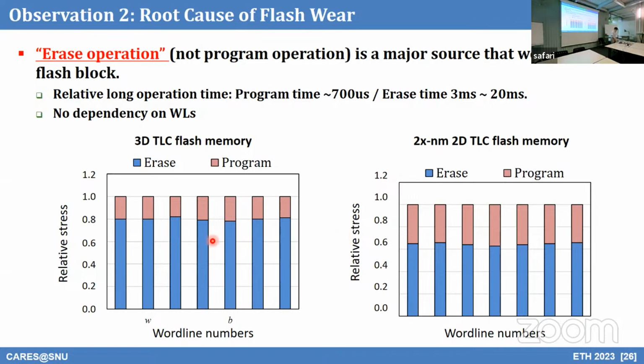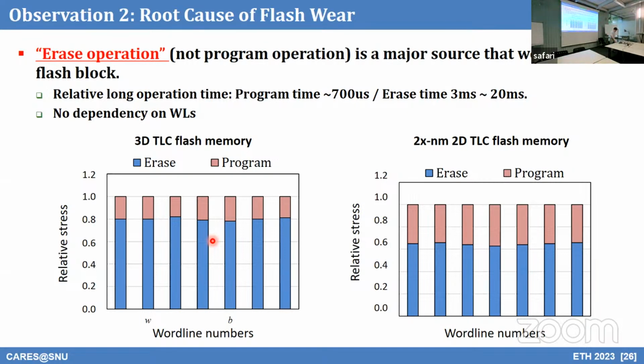So from this data, you can consider we have to do something on the erase side for the word line to live longer. Okay. So when we erase a block, we do some damage to the flash cell, and the key is how to reduce that damage somehow.